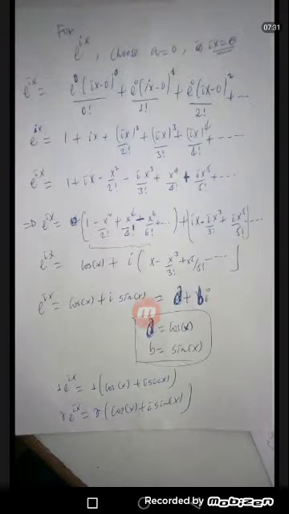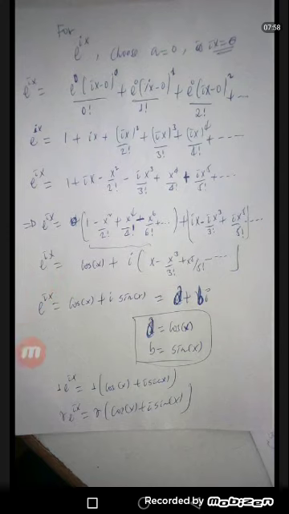So we have got cos x plus i sin x, and as you see, cos x plus i sin x is of the form a plus bi. If a is equal to cos x and b is equal to sin x, it is a complex number a plus bi.